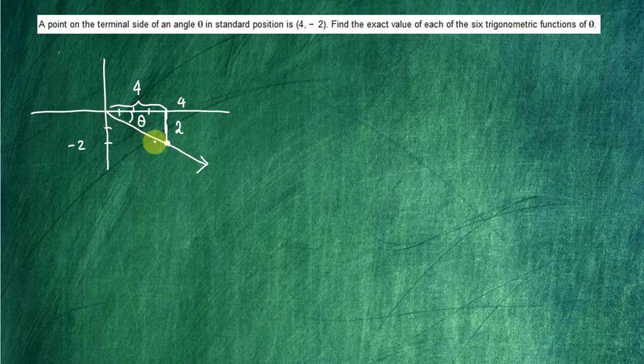In order for us to figure out the value of the hypotenuse, remember we use the Pythagorean Theorem. Let's call this the z value. So z squared is equal to the other 2 sides of a right triangle squared, added together.